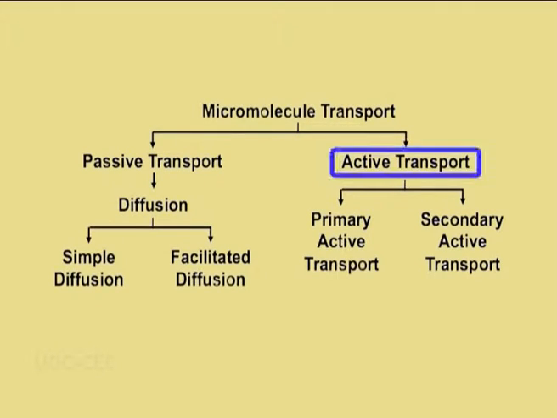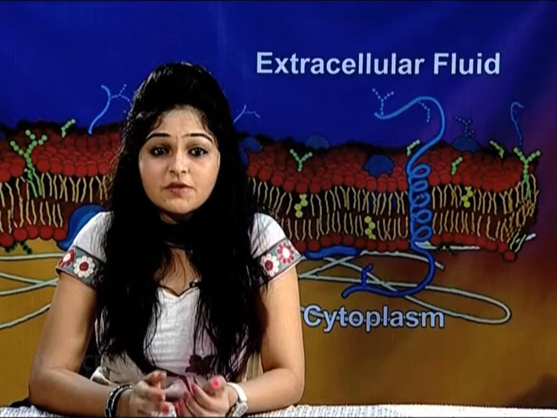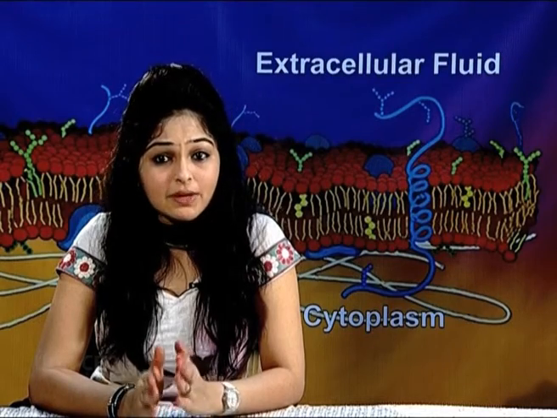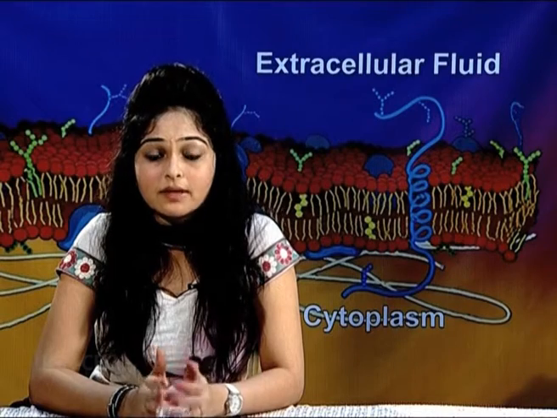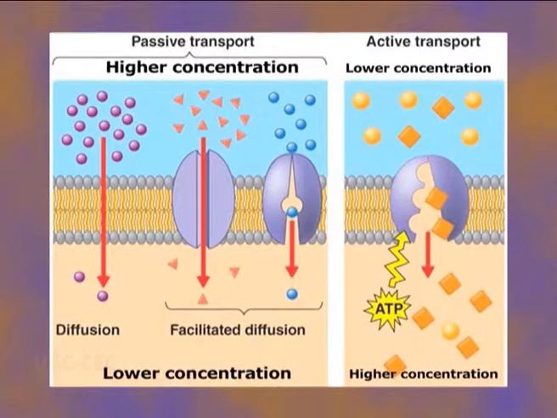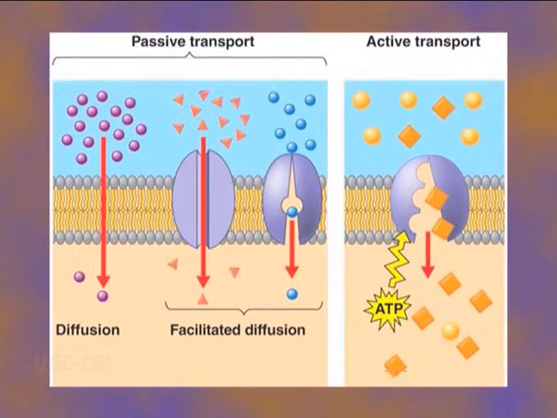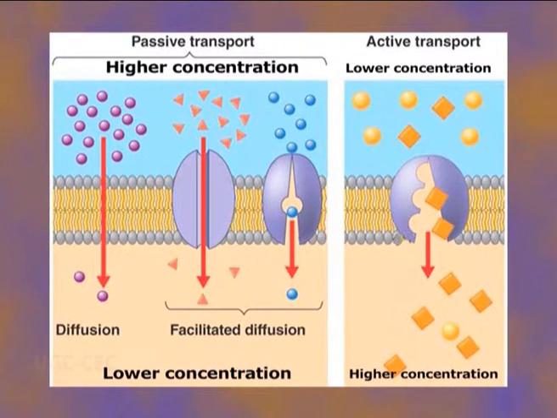Number 2. Active transport. Let us first compare active and passive transport, as well as see the difference between primary and secondary active transport. Two things distinguish active transport from passive transport mechanisms. First, active transport can move substances against their electrochemical gradients, and second, active transport requires the expenditure of energy.